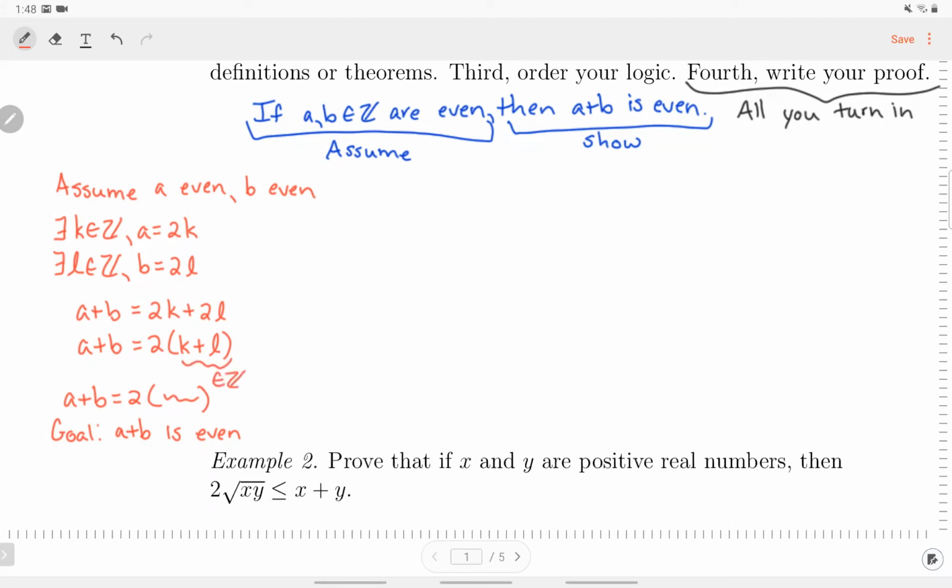K is an integer, L is an integer. When I add them, it's still an integer. So I do have the form 2 times an integer, which is what it means to be even. Okay. Any questions on the scratch work before we write up the proof you would turn in to go with this?